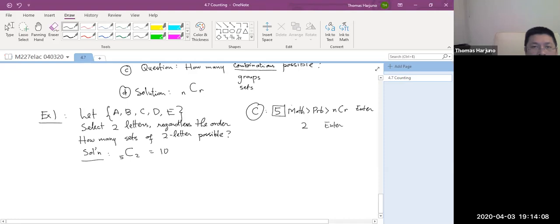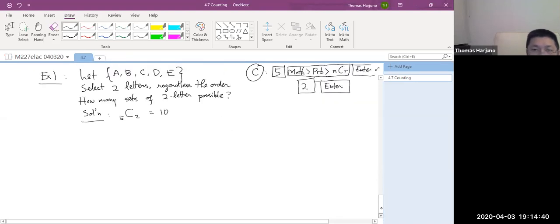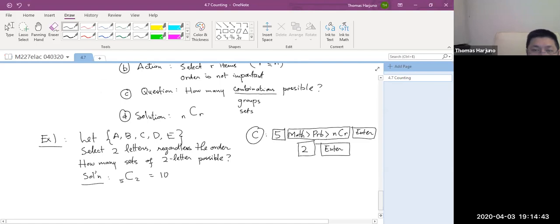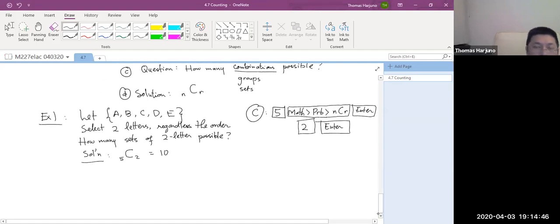Now that's the 10 possible sets of 2 letters. Now, we will practice more on how to use the calculator to compute these combinations, but that's something easy. You can just watch the lecture video later on, or the one on YouTube, or I do it again for other types of questions later.